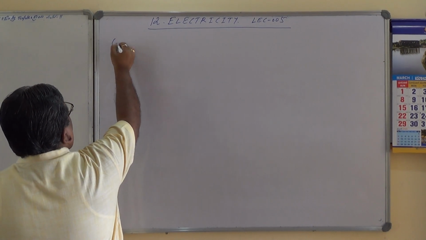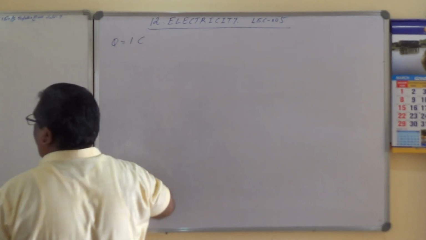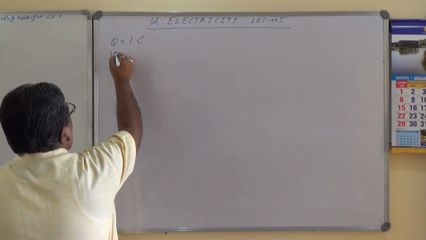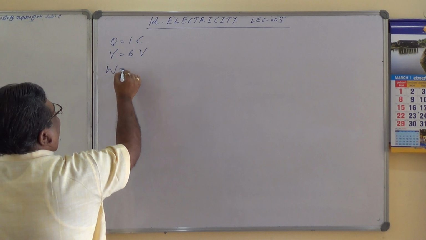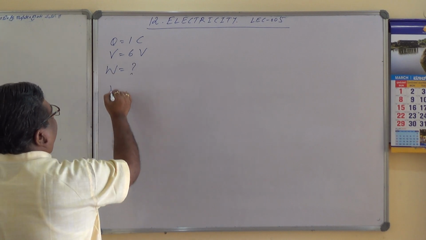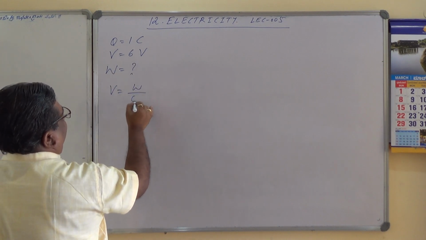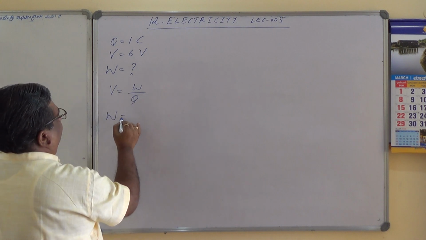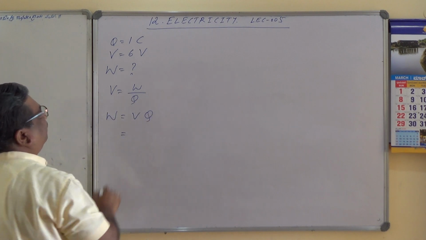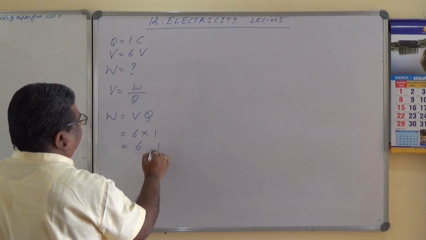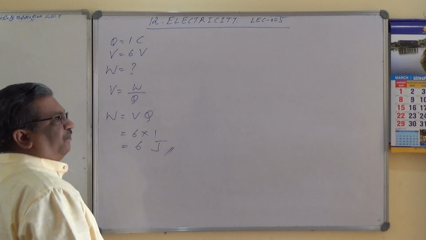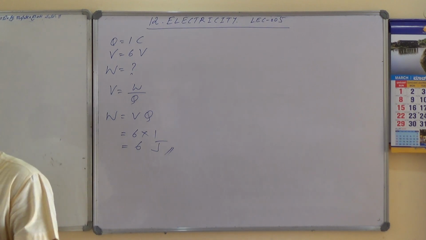Given Q equals 1 coulomb, voltage equals 6 volts. How much energy is the question. V equals W by Q. Work done equals V into Q. 6 volts into 1 equals 6 joules is the answer. Can I go to the next one now?